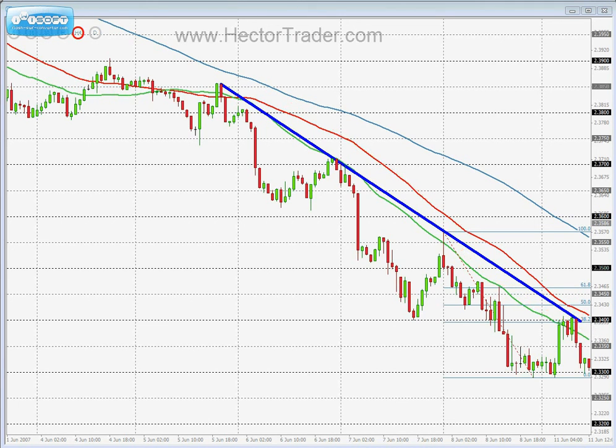Also, we have the 234.00 round number. We have the 38% Fibonacci retracement of this whole swing down. And moreover, we have the previous swing low, former support, now working as resistance right there as well.